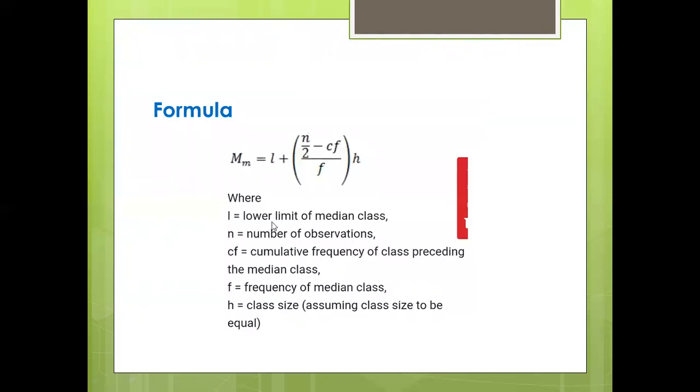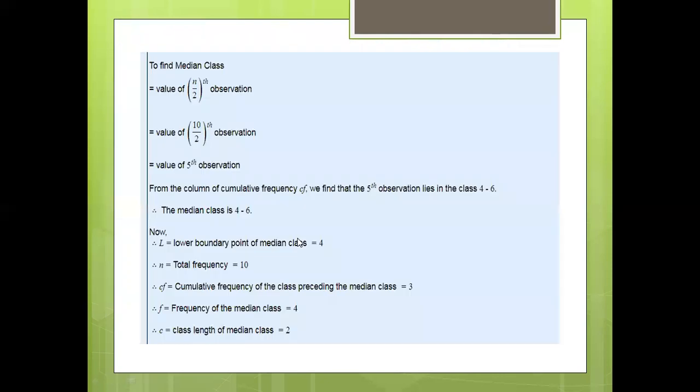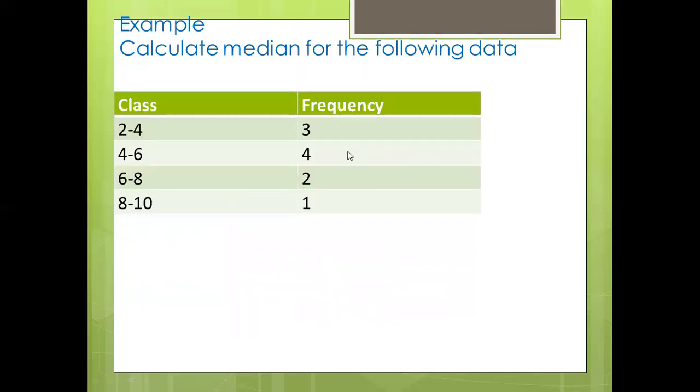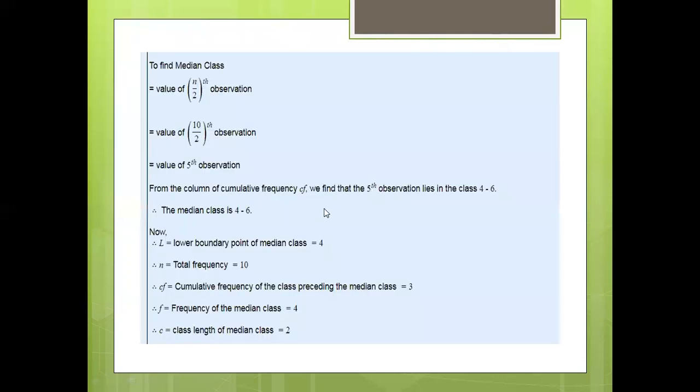For this formula, to find L, first find N by 2. Okay, what is N? N is here 3 plus 4 plus 2 plus 1, which is 10. So the value of N by 2 observation is the value of 10 by 2 observation, which is the value of the fifth observation. Okay, from the column of cumulative frequency CF, we find the fifth observation lies in 4 to 6.